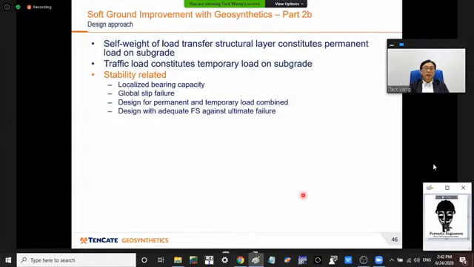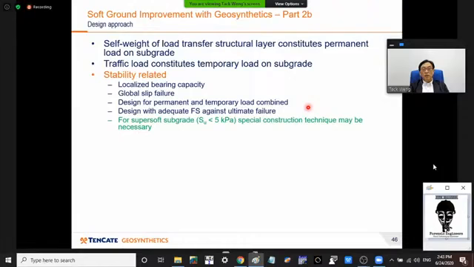In the stability related design, for example, you are designing for a construction platform case, then you need to check for localized bearing capacity, global slip failure if the construction equipment happens to go too close to the sites, and you are designing for permanent and temporary load combined, and you need to design with adequate factor of safety against ultimate failure.